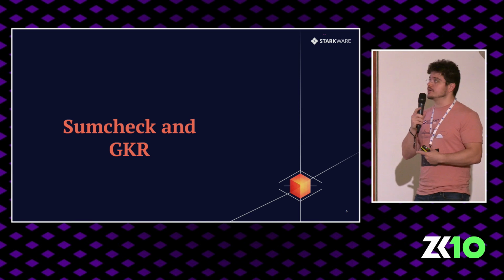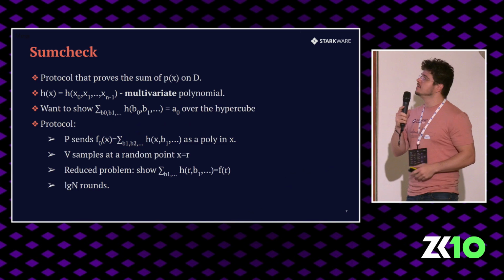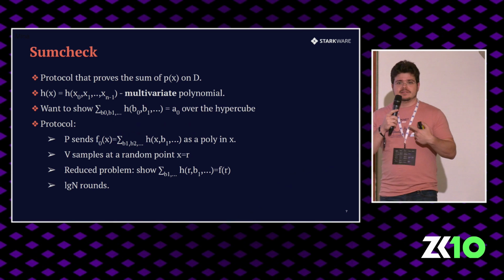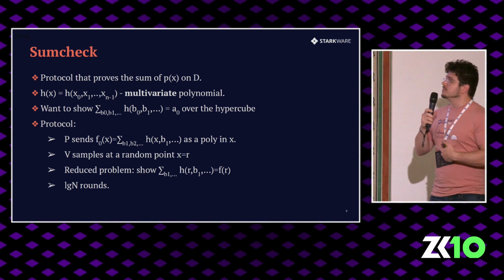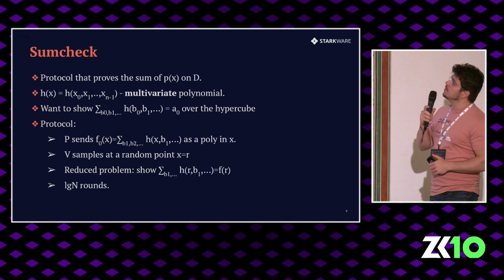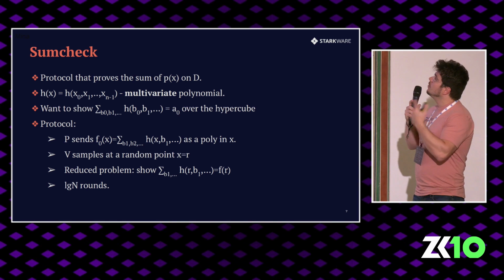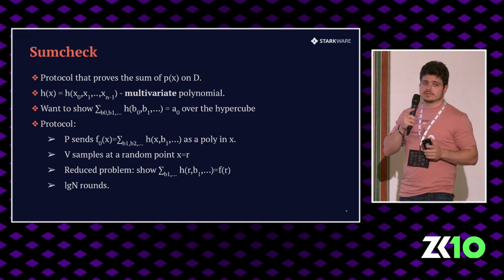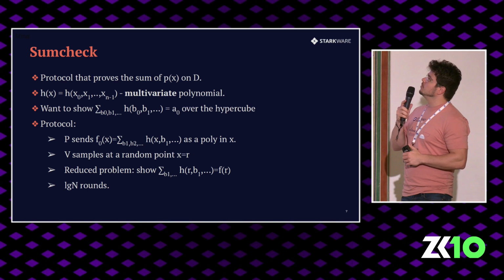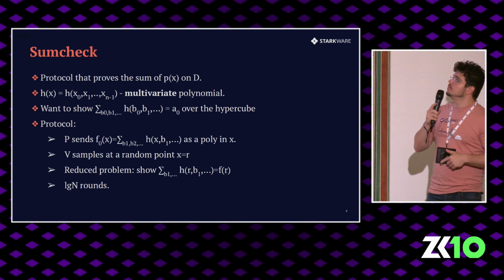All right, so Sumcheck and GKR. I'll start by describing Sumcheck. Maybe some of you know Sumcheck. It's a protocol that proves the sum of the values of P over D. It works on multivariate polynomials, though, not univariate.